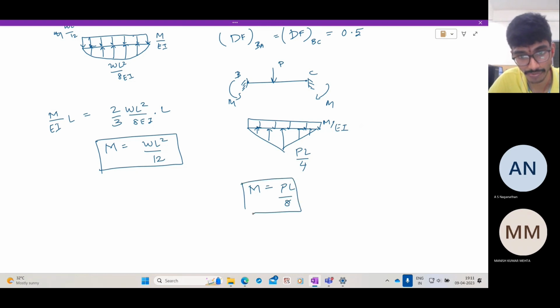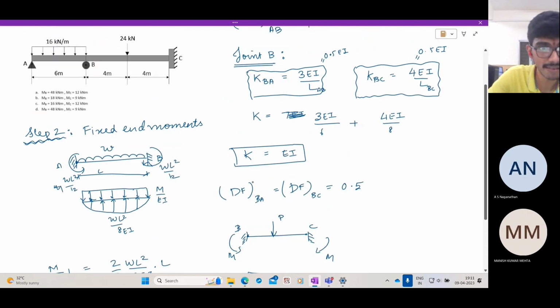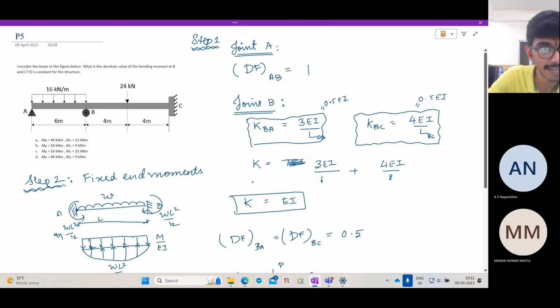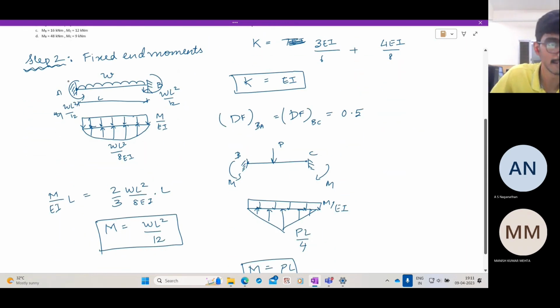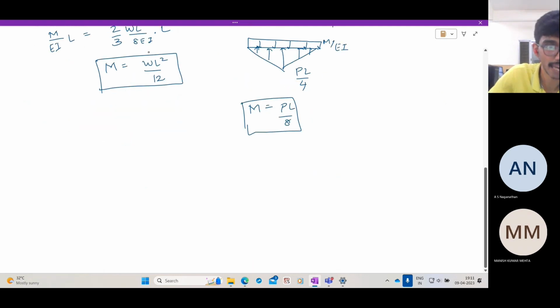So what are the fixed end moments that we have with the correct sign convention? You note that here the moment is counterclockwise. So MABF, the fixed end moment at A in the span AB, is minus WL square by 12.